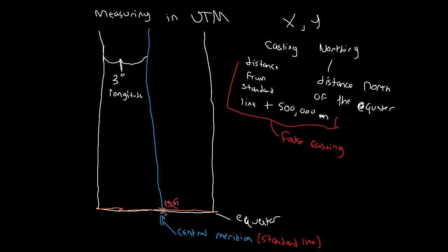So let's just say, for example, we were here, right? So from the central meridian, let's just say that this distance was 100,000 meters. We are east of the standard line, or sorry, we're west of the standard line. I am not doing good with my basic geography today. We are west of the standard line.